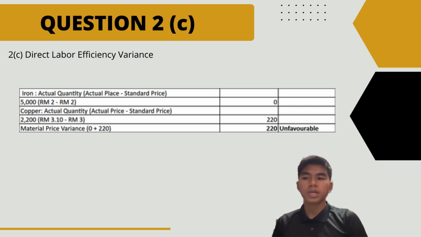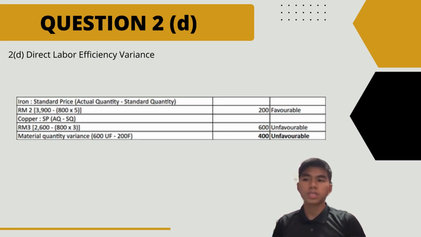For the copper, we use the same calculation. So we calculate 2,200 times 3 ringgit 10 cent minus 3 ringgit. We got 220 ringgit. So the material price variance is 0 ringgit plus 220. We got unfavorable because the actual is higher than standard.